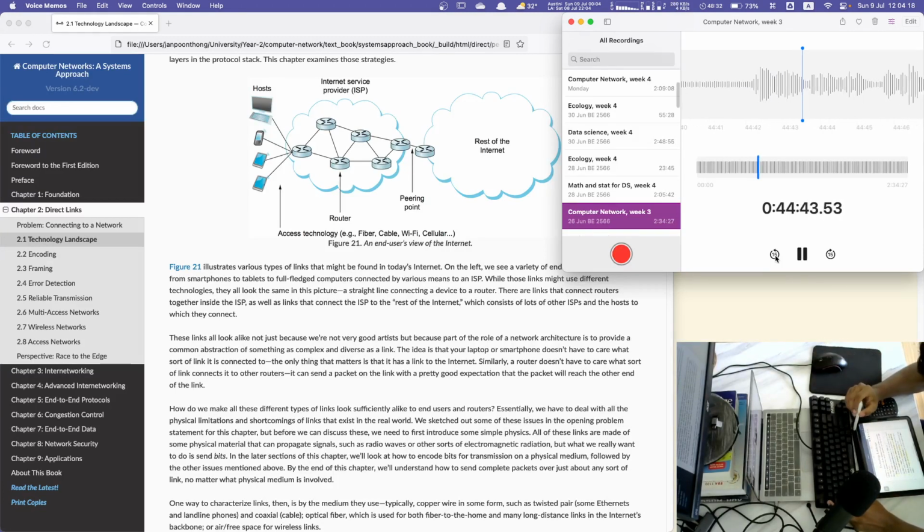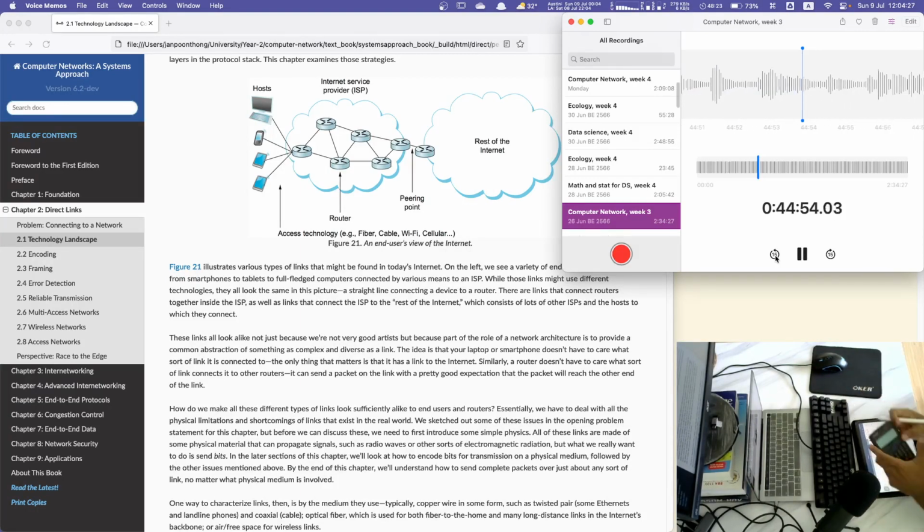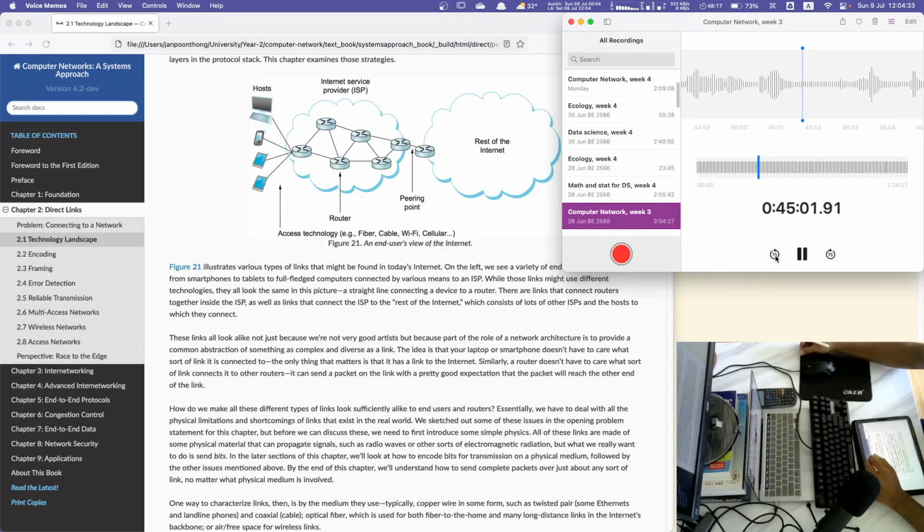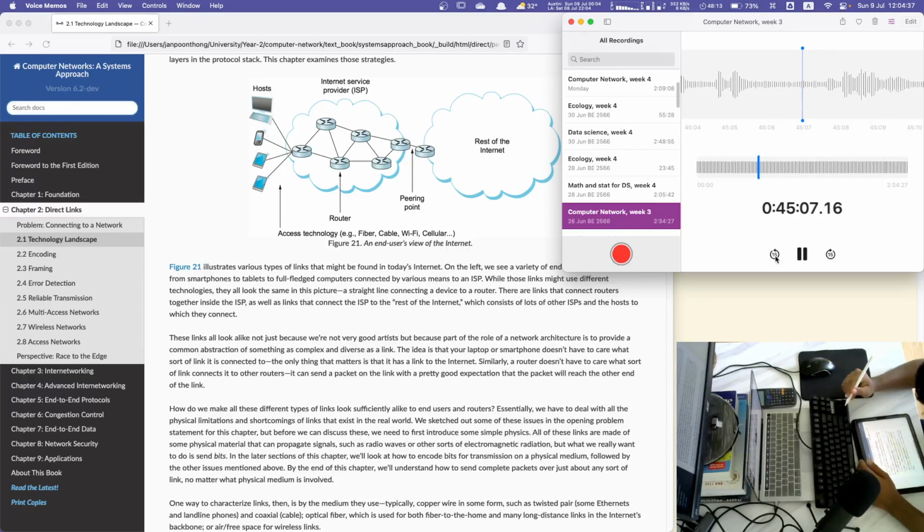So there are many types of network connections here. Customers interact with the internet through a wireless network, Wi-Fi, or an access network, by the internet service provider. There are many services here. DSL, digital subscriber line, uses copper cable in your home.